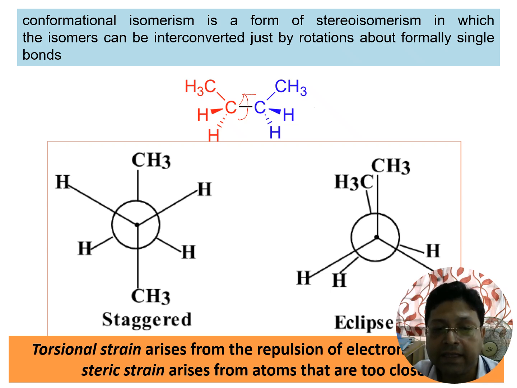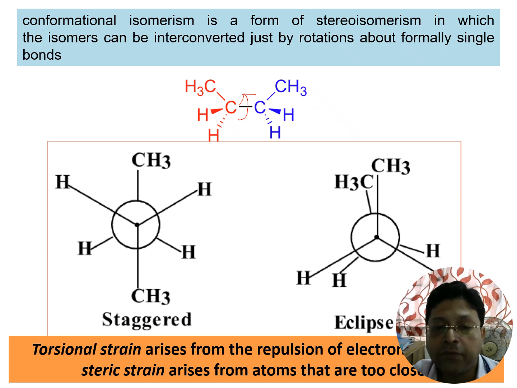This methyl at the frontal carbon atom is in between the two hydrogens of the backside carbon atom. Again, this hydrogen is in between hydrogen and methyl, and this hydrogen is in between methyl and hydrogen.